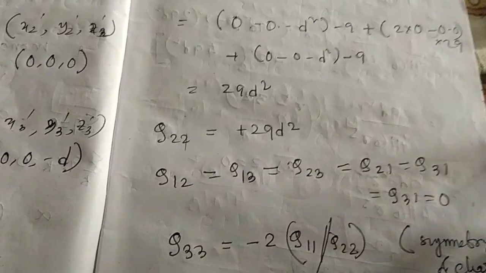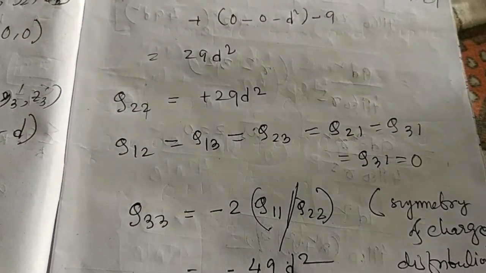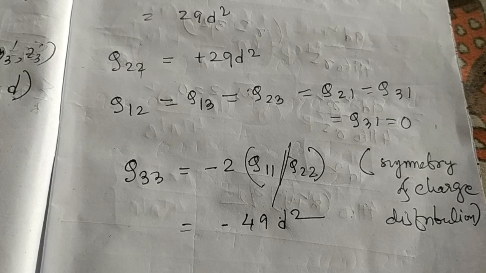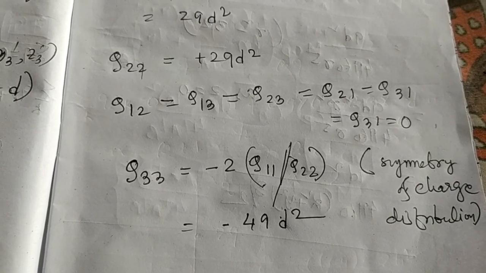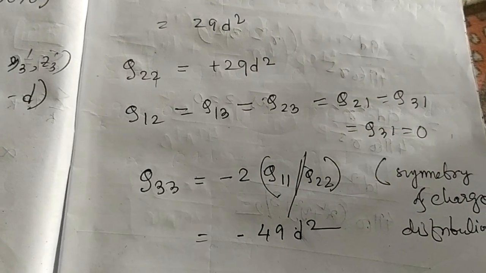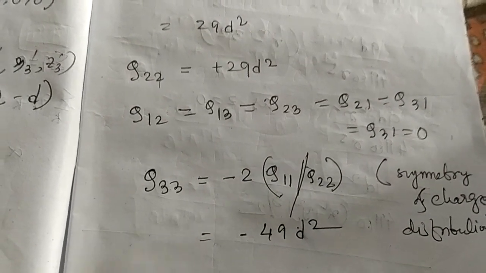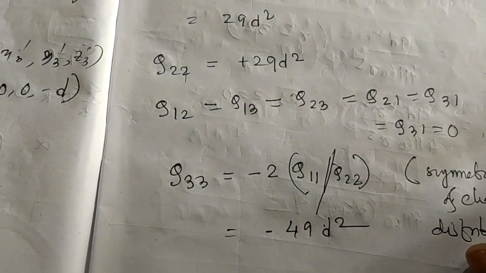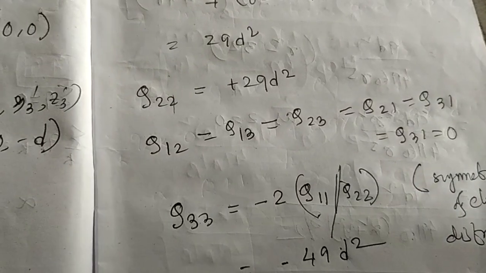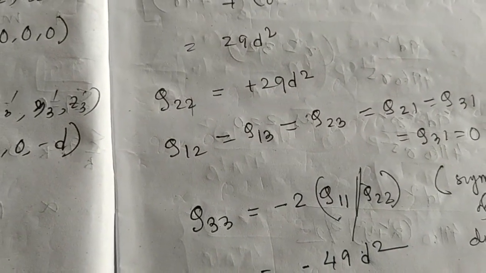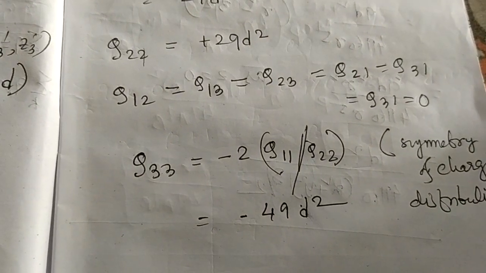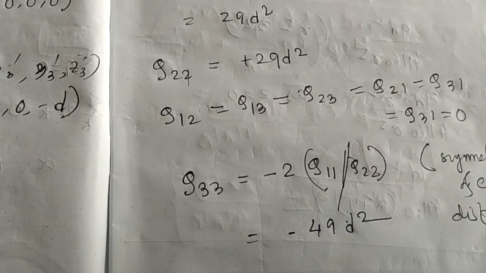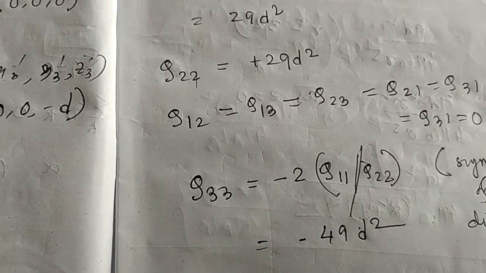Now the cross terms should all be 0, but for the Q33 term, because of the symmetry of the charge distribution, it should be minus 2 times the Q11 or Q22 value. That means minus 4qd squared. This is the Q33 term. You can solve it extensively, but you can also use the trick: because the charge distribution is symmetric here, Q33 is equal to minus 2 Q11.